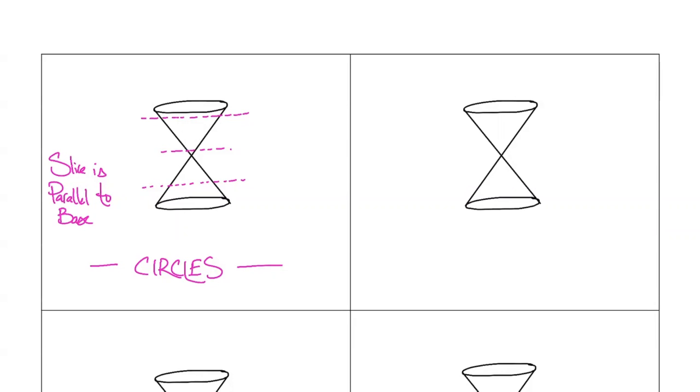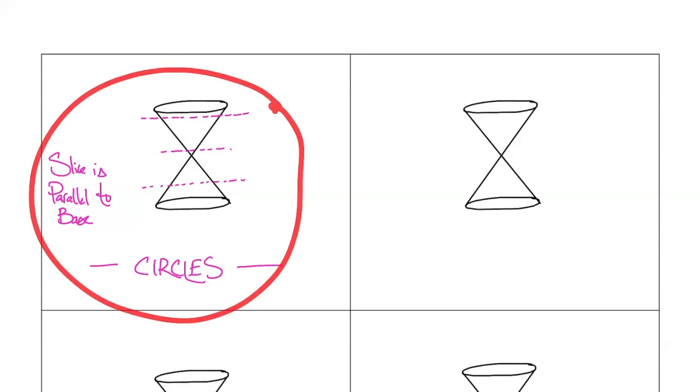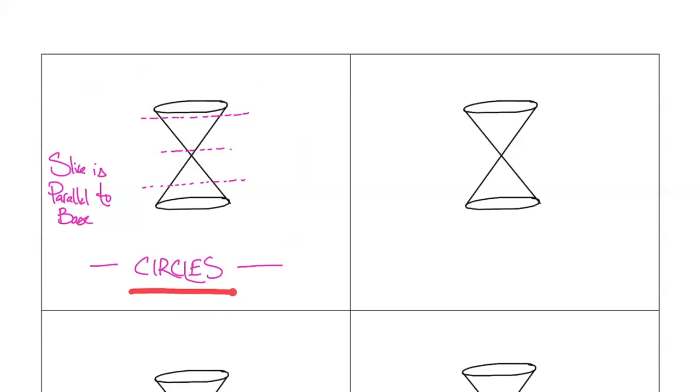So if you think about an ice cream cone, when you look at the top of your ice cream cone, where the pointy part is at the bottom and you look at the top, that's a circle, right? And that's exactly what we're saying here: when we slice parallel to the base, when we hold our face directly over that ice cream cone, we notice that each cross section is like a circle.